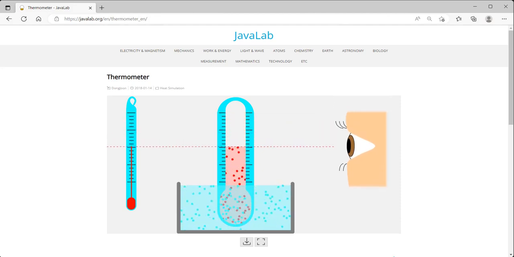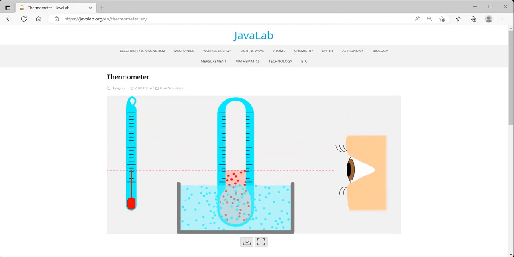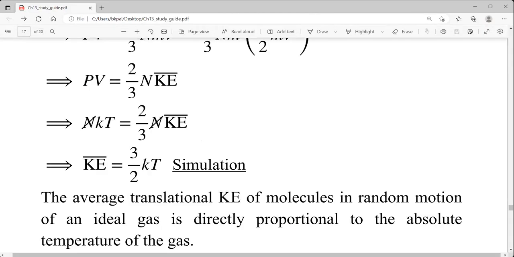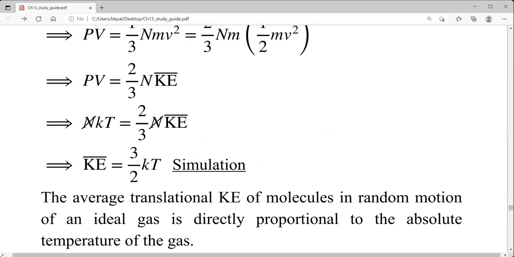At this point the speed is not that great. Speed is lower than before, so the kinetic energy is now lower, and that tells us that the temperature is also lower, because they are proportional to each other, as we see from the kinetic theory of gas. Although I didn't derive it, this simulation nicely demonstrates that the average kinetic energy is proportional to the absolute temperature.